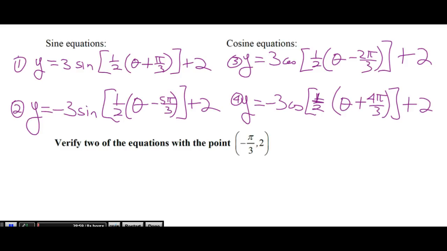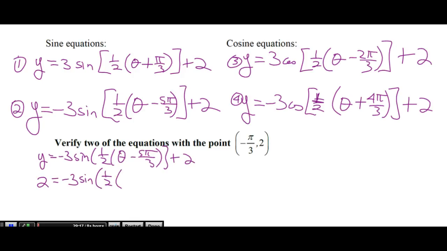To verify, okay, so we're going to go y equals negative 3 sine 1/2 theta minus 5 pi over 3 plus 2. We're just going to plug in. 2 is equal to negative 3 sine 1/2. I've got negative pi over 3 minus 5 pi over 3.